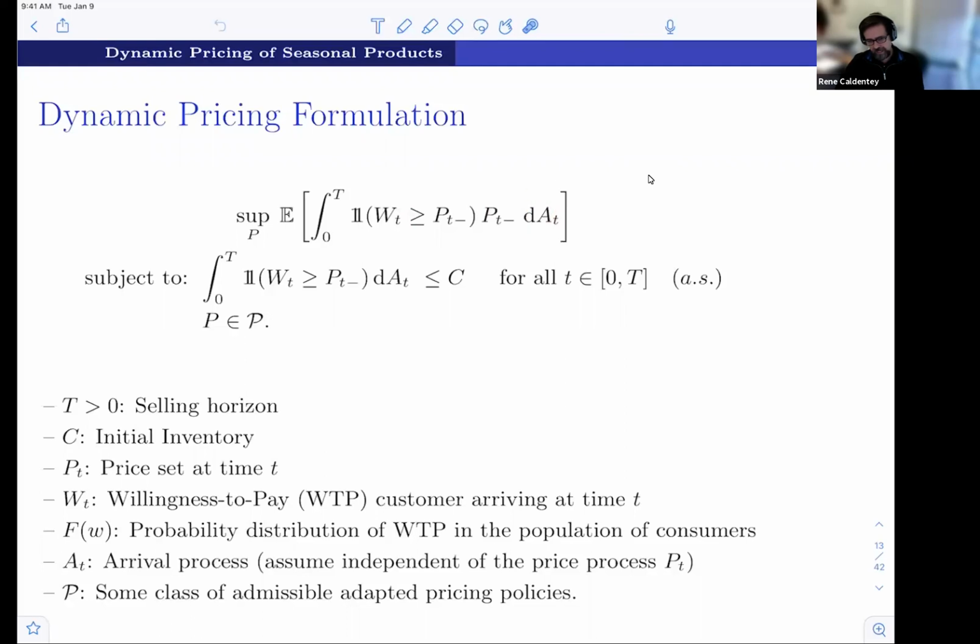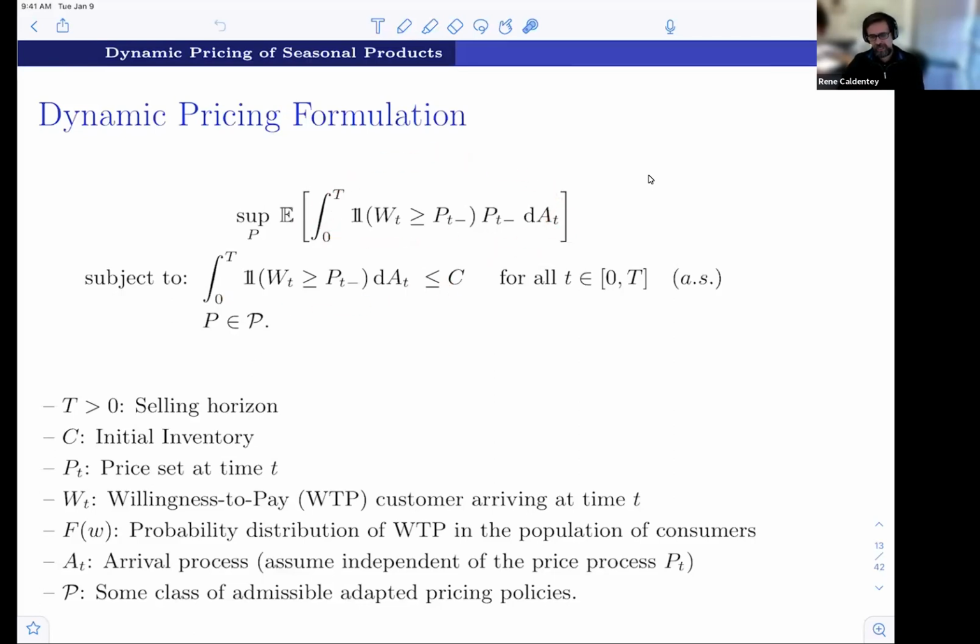Think of AT here as your arrival process. Every time the arrival process jumps by 1, that means a customer is arriving to the market. But that customer will only buy if the willingness to pay of that customer arriving at time T is greater than the price that you're setting at that time. So this indicator function is really taking care of that decision that the customer needs to make, whether yes or no, you buy or you don't buy, right? So this is how you accumulate revenues over time.